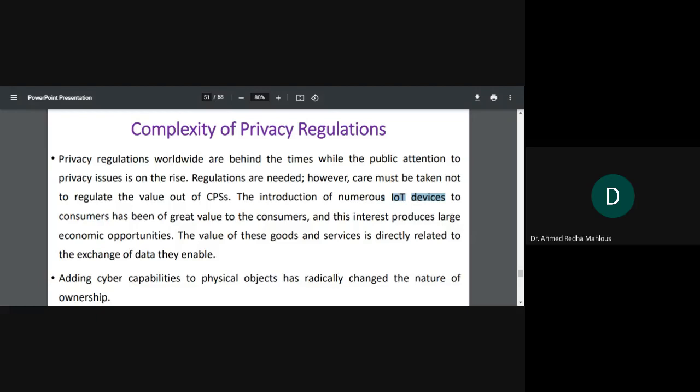That means if you listen to those people who raise the problem of privacy issues, who are against those privacy regulations, you will have an impact on the production of IoT devices. You will have an impact on the IoT usage of people, because they are directly related.